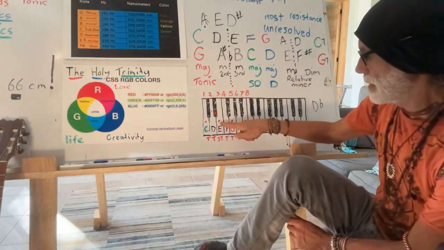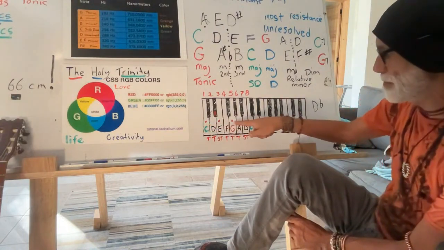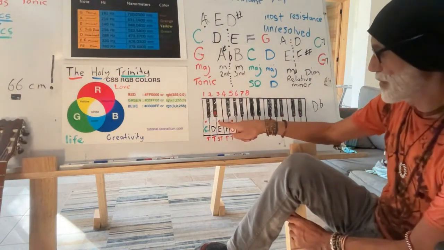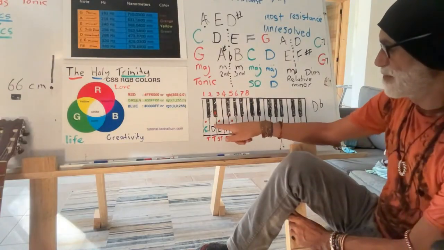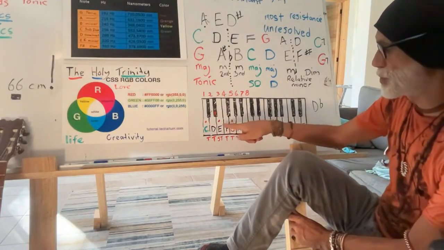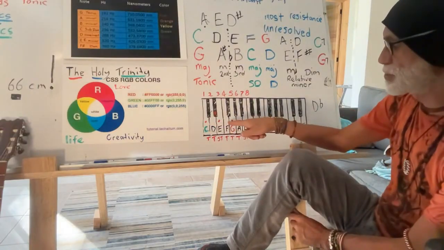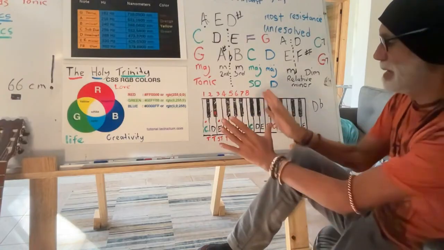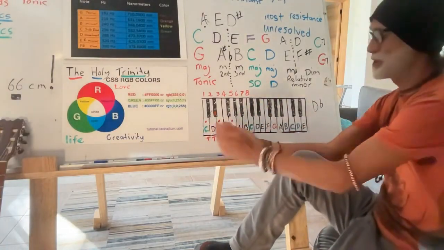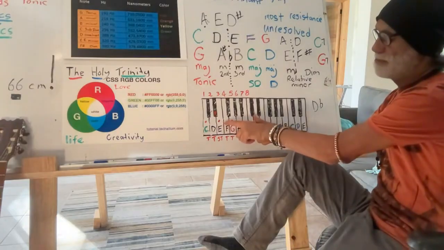Because as it is like this, C major, the first, the third, and the fifth, the first triad is a major triad because there are two tones in there, and the second triad is a minor triad, which makes it a major chord.